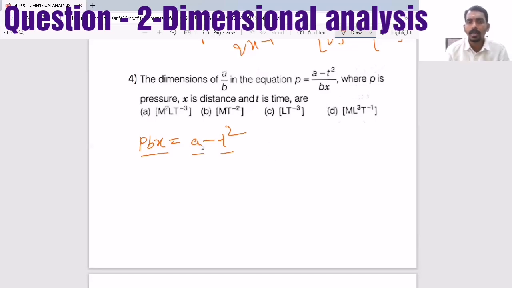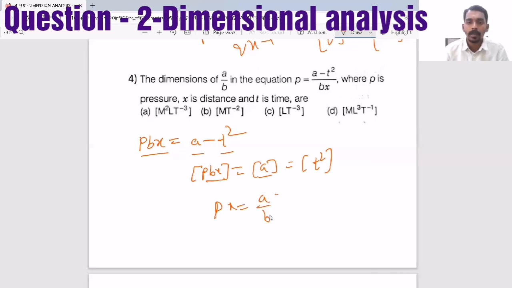Now, we are trying to find the relation between A and B. So if you compare, all the terms must have the same dimension. That means PBX dimension should be equal to A, should be equal to T square. That means these two must have the same dimension. Then PX should be equal to A by B. That means A by B dimension should be same as P into X, where P means pressure.